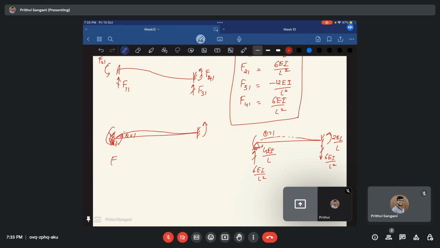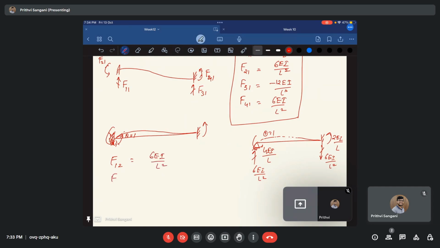Okay, so the same thing I'll be writing down now. F in the direction 1 because of the unit displacement in the second degree of freedom, that is going to be 6 EI by L square.